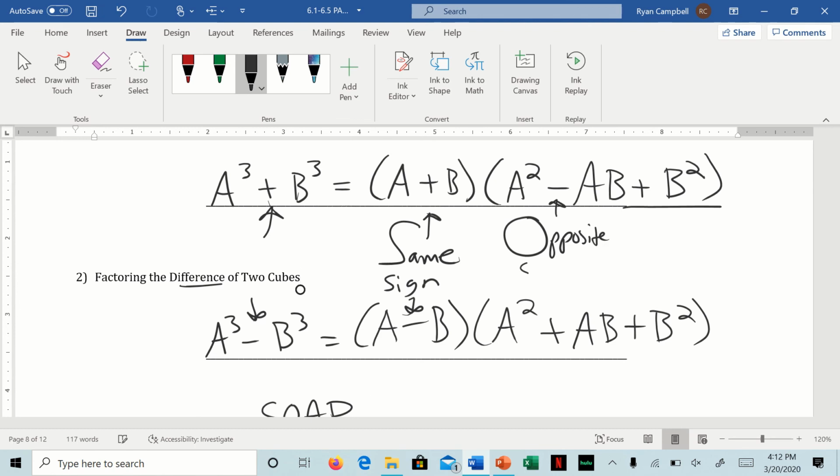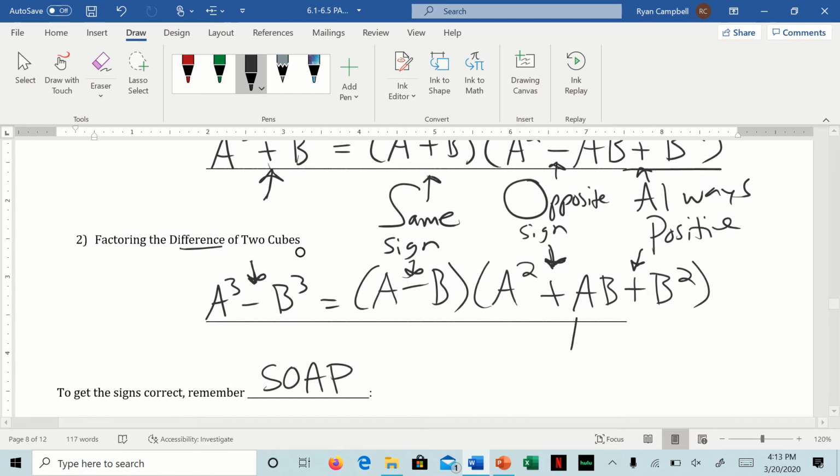Started with a plus, now you have a minus. Started with a minus, now you got a plus. And then the last one is just always positive, which is where you get AP, always positive. So same, opposite, always positive. So that can be the way to remember it.